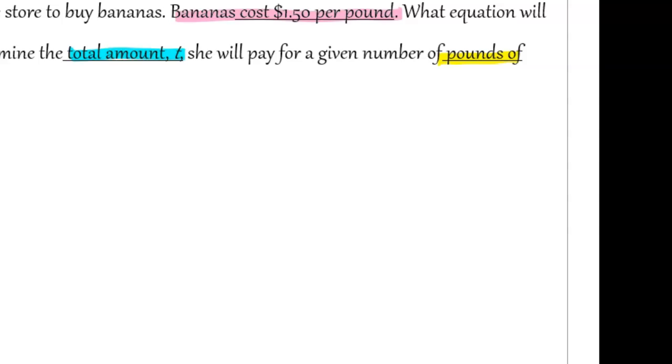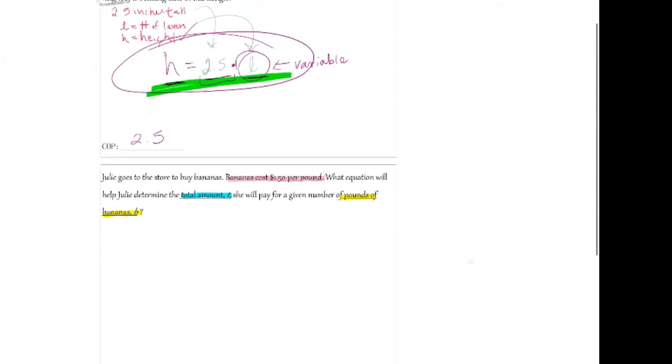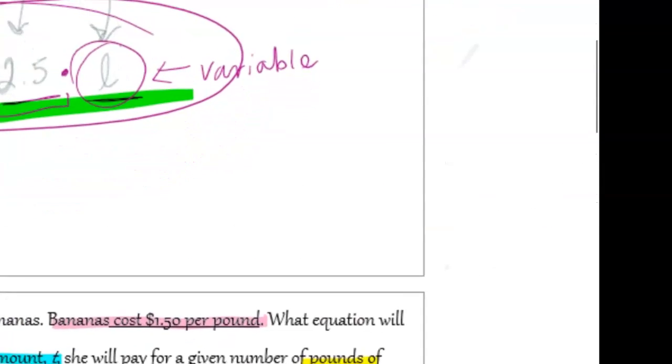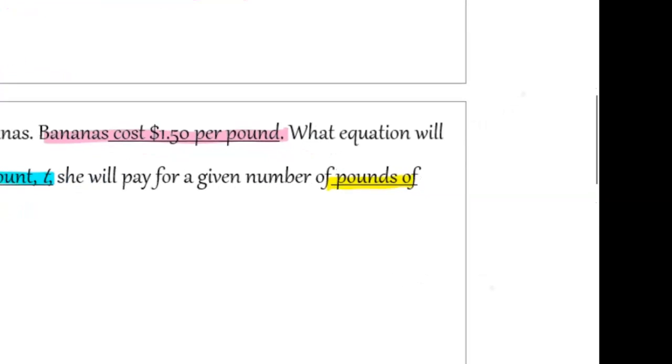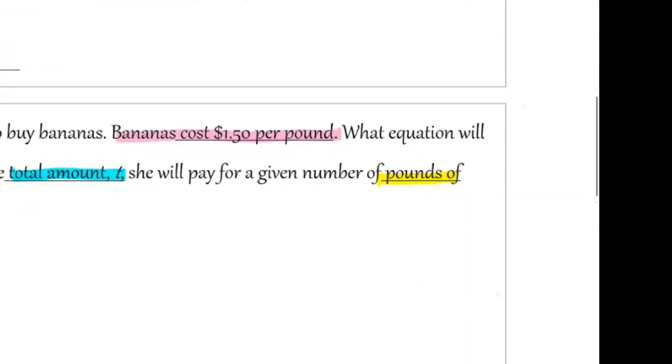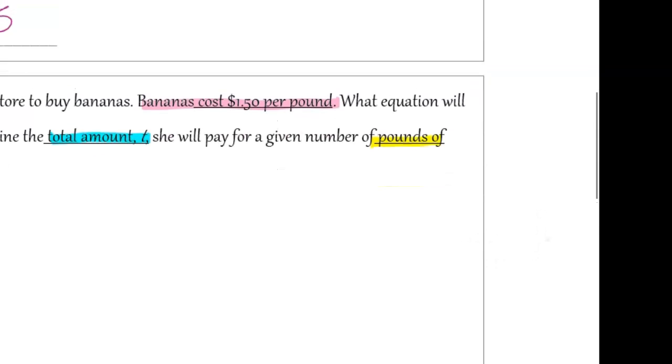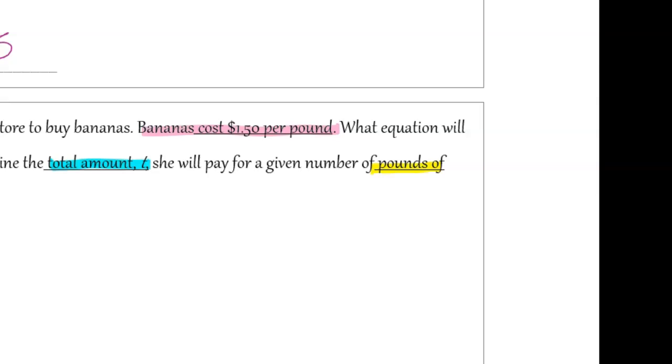So if you guys haven't noticed yet, if you guys look back to the first example, that important information is actually underlined. So please make sure that you guys write this information down and you guys highlight, underline, just make sure you highlight or underline this important information because it will help you on the test. These factors here will actually help you identify how to set up your algebraic rule.